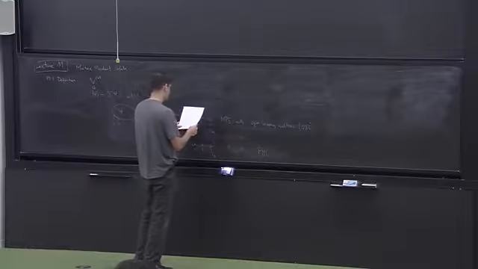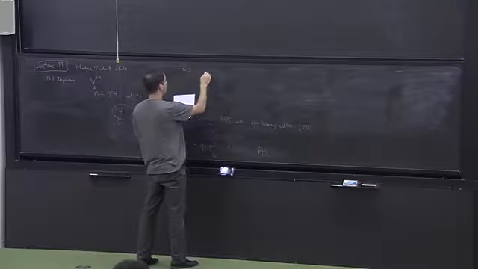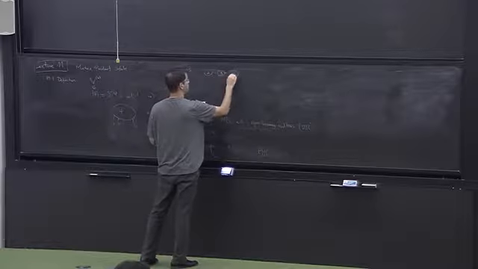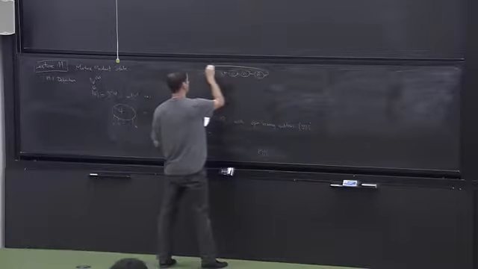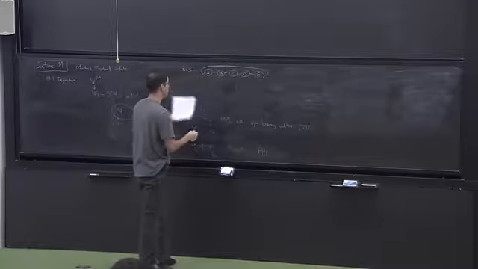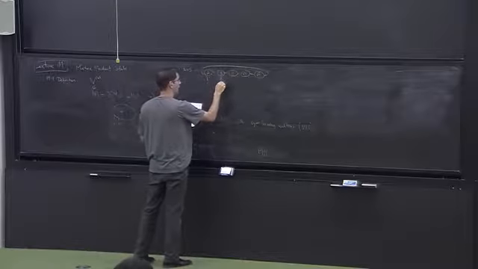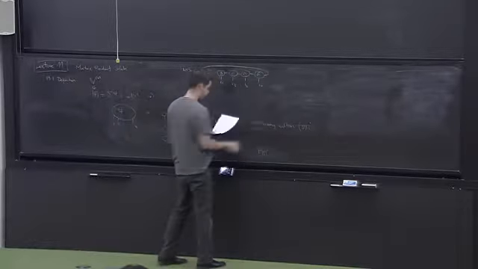So let's consider an example, n equal to 5. I'm going to give names to the tensors: A, B, C, D, and E. Okay? And I'm going to consider this with periodic boundary conditions. And so these are i1, i2, i3, i4, and i5.